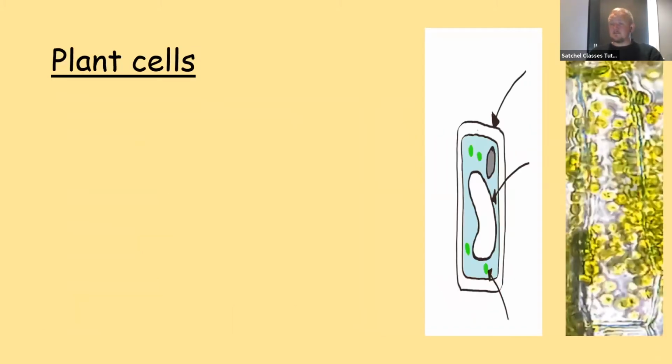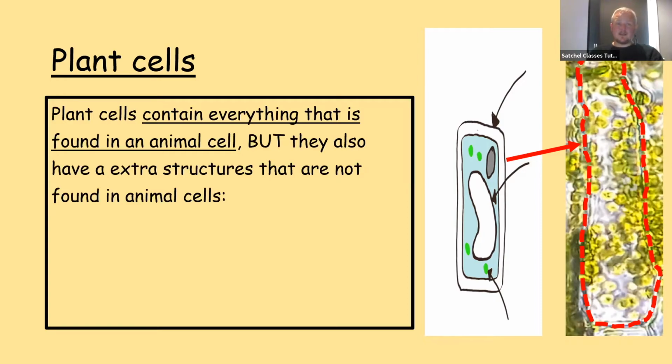Plant cells then, on the right, I should say, we have a drawing of a plant cell, and then next to that we actually have another picture from a microscope of an actual plant cell. And you can see that that shape there is highlighted and represented in the picture with that one. Plant cells contain everything that's found in an animal cell.